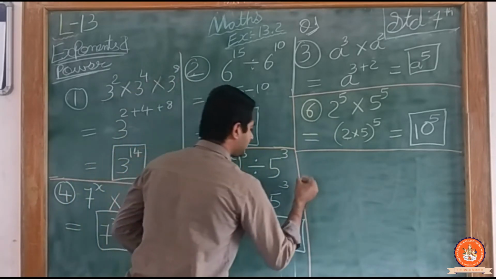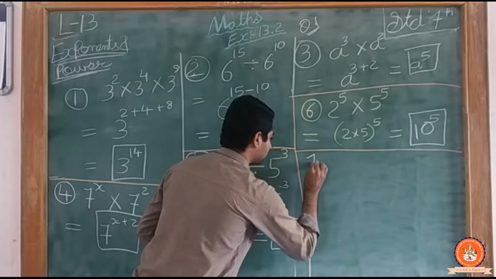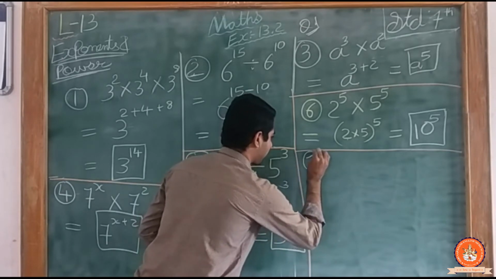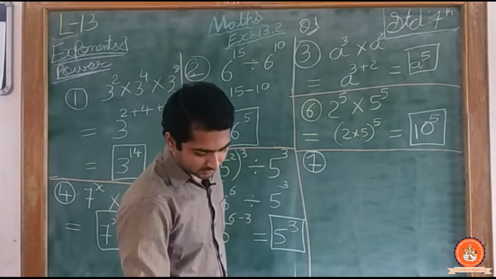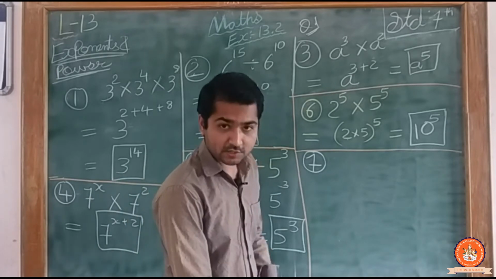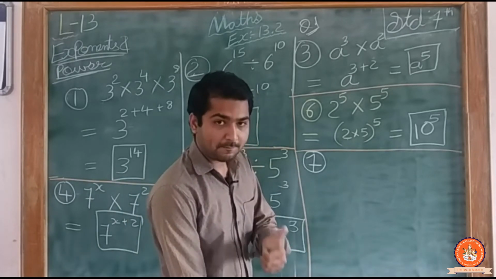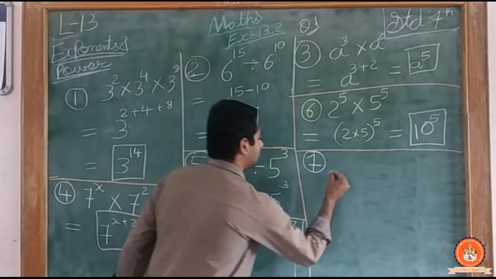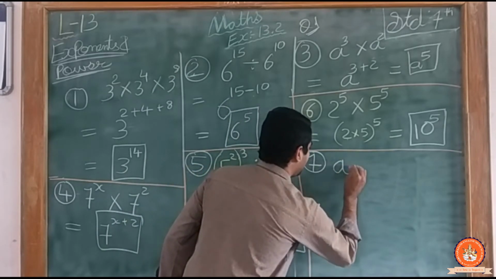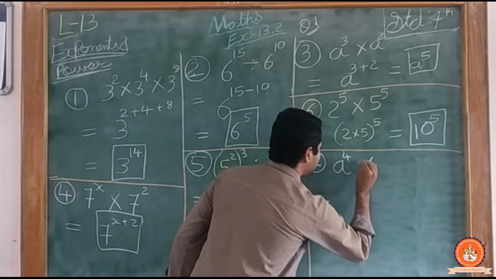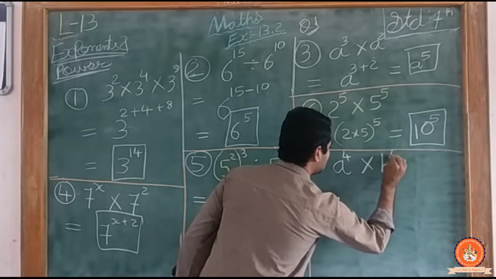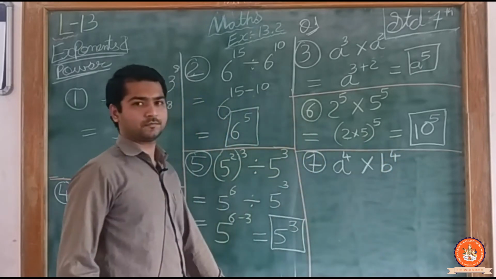Coming on question 7. What is question 7? That is a raised to 4 multiplied by b raised to 4. See, a raised to 4 multiplied by b raised to 4. Clear?